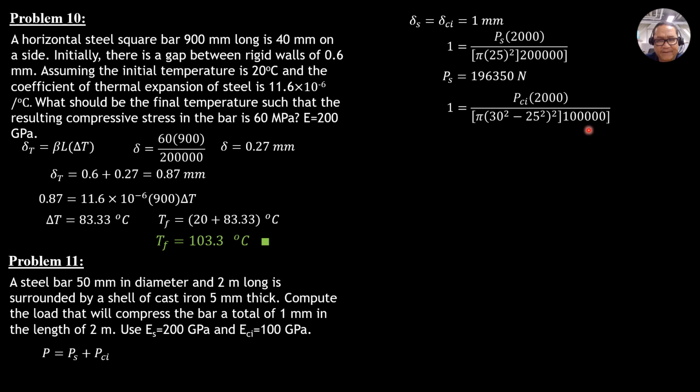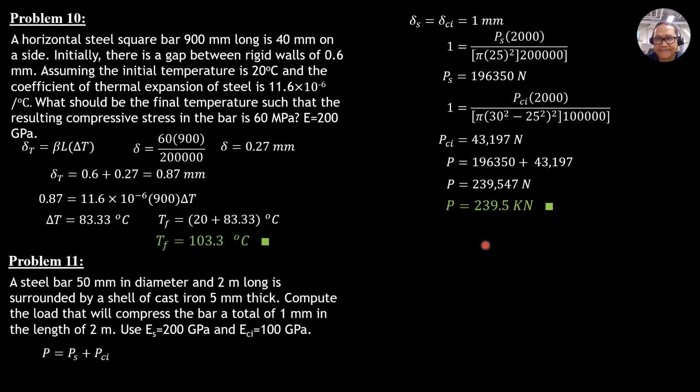Then modulus of elasticity 100,000 megapascals for cast iron. So solving for P sub Ci, 43,197 newtons. Then the total load is adding 196,350 plus 43,197. So the total load is equal to 239,547 newtons, in kilonewtons, 239.5 kilonewtons. So that's it for this strength of materials 1 part 1.